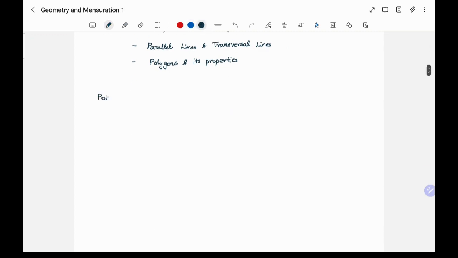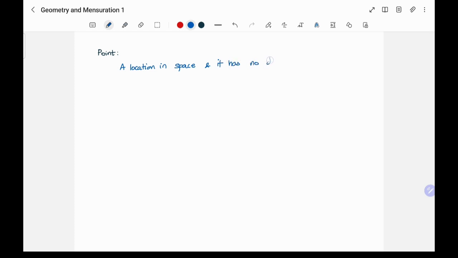So what is a point? A point is nothing but a location in space, and it has no dimension. So what do you mean by dimension?